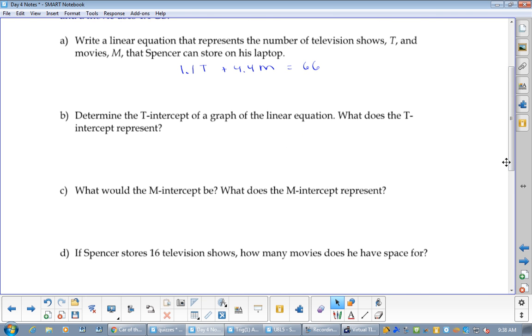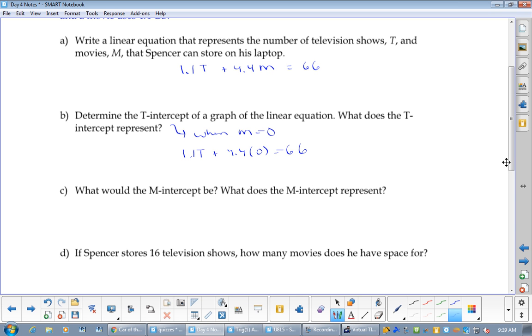So, determine the t-intercept. So the t-intercept would be when? Yeah, so the t-intercept is when m equals 0, right? Remember, it was always the other one equaled 0. Okay, so 1.1 t plus 4.4 times 0 equals 66.